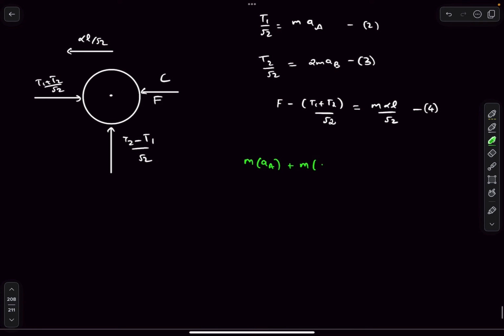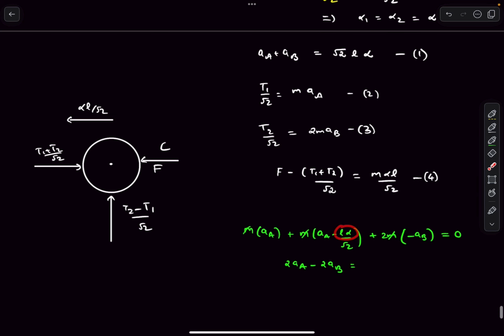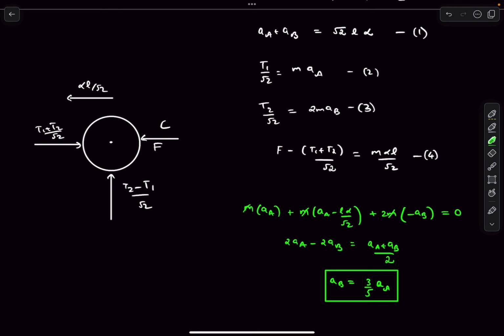So this will be AA minus L alpha by root 2, plus the acceleration of the 2m mass is actually minus AB in the downward direction. So this should be equal to 0. Right? Okay, so now here instead of L alpha, I'm going to substitute this particular value, and this becomes AB plus AA divided by 2. Okay, so from here we get acceleration of B as 3/5 of acceleration of A.